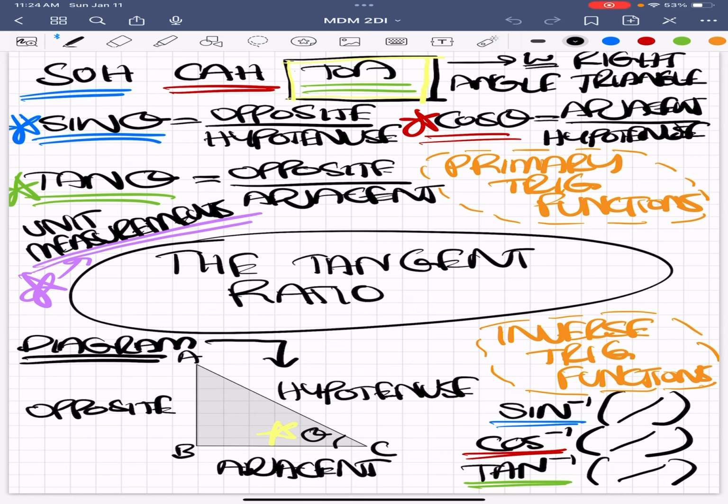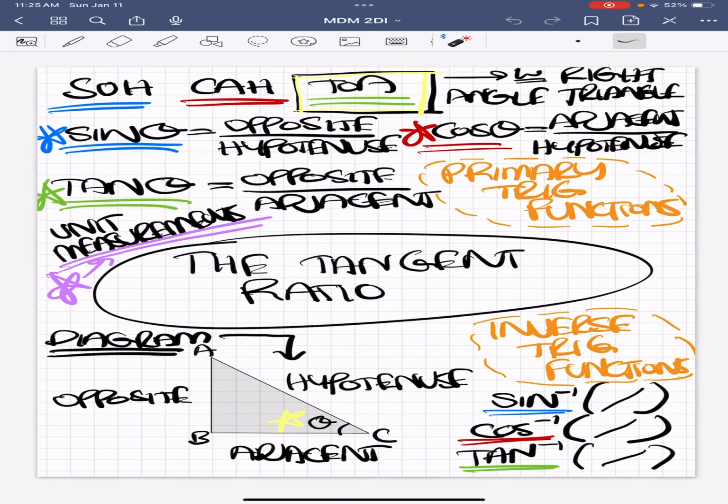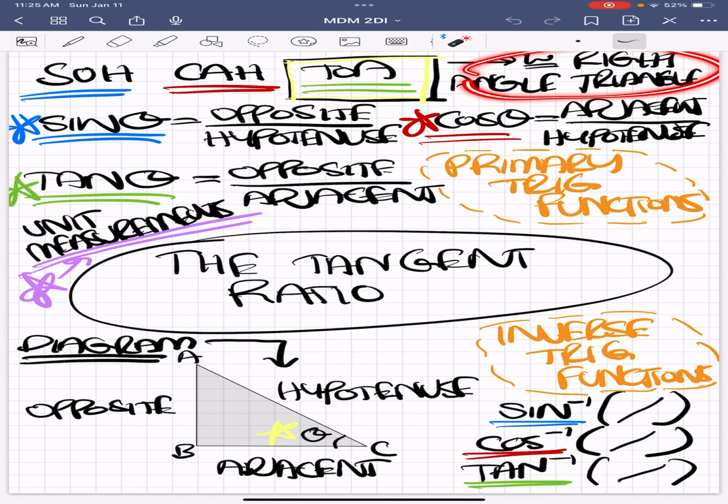Let's begin. Today we're going to be working on the tangent ratio. If you don't know what the tangent ratio is, it's basically the tan function in the expression SOHCAHTOA, and SOHCAHTOA has to do with right-angled triangles. As you can see here, I colored a little bit so you can know which one is which.